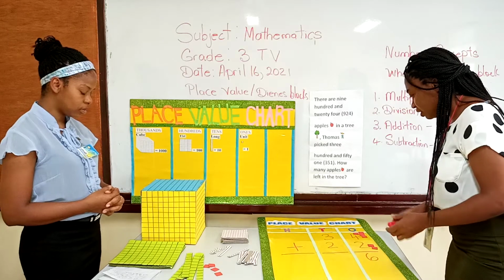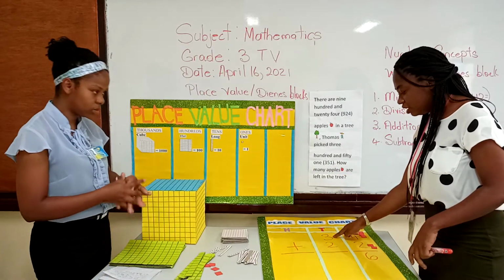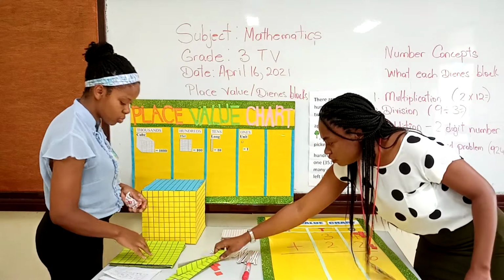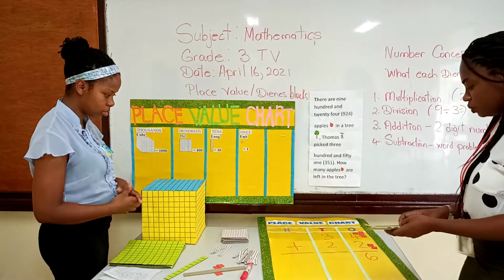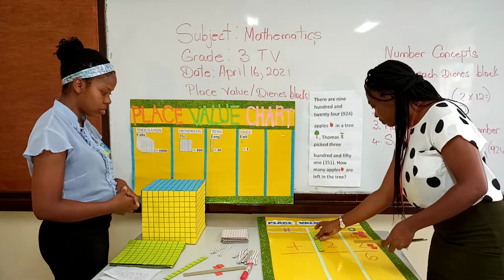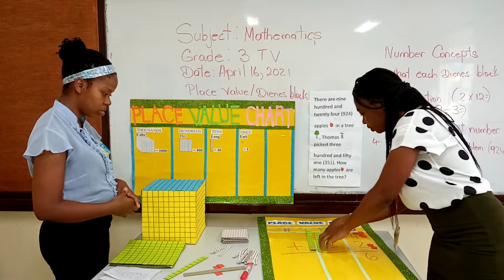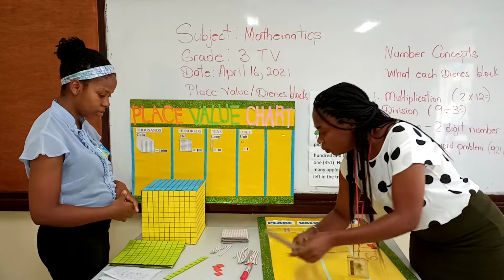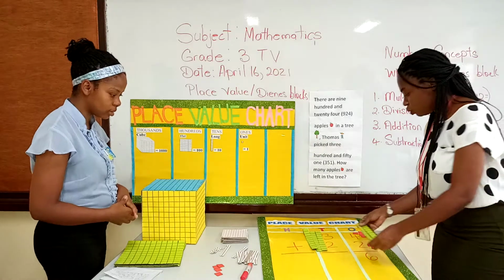Good. And right here, we have 3 plus 2. So we're going to use the longs. For the tens place, we have 3 longs, 1, 2, 3, which represents 30, and 1, 2, which represents 20.